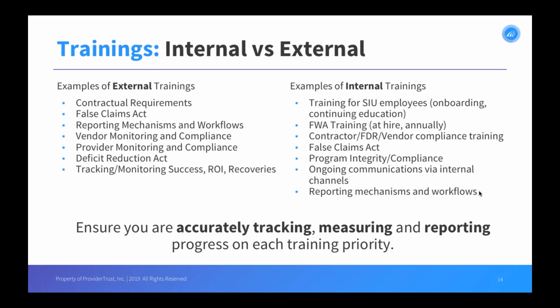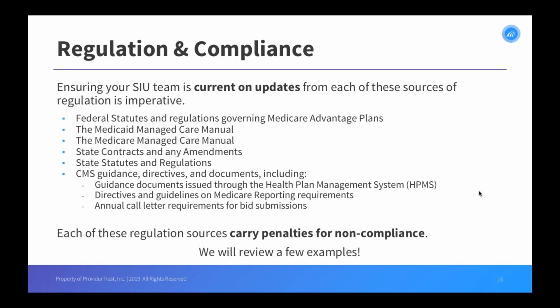Onboarding, continuing education, fraud, waste, and abuse training at hire or annually, contractor, FDR, vendor compliance training, the False Claims Act, program integrity compliance, ongoing communications via internal channels, and reporting mechanisms and workflows as well. So the best SIU teams are consistently tracking and measuring and reporting progress on each of these for internal and external channels.